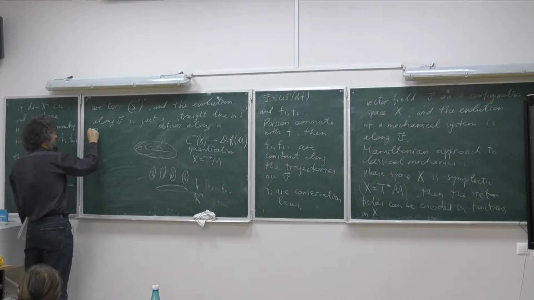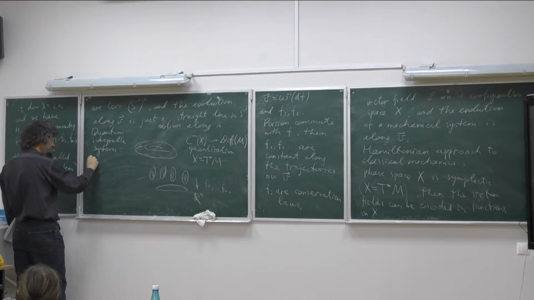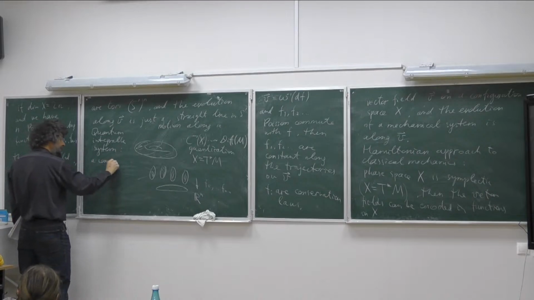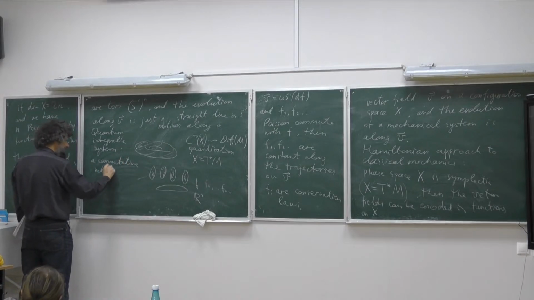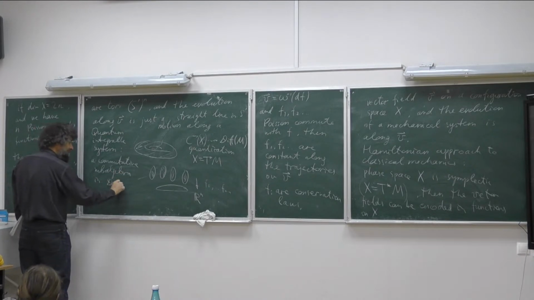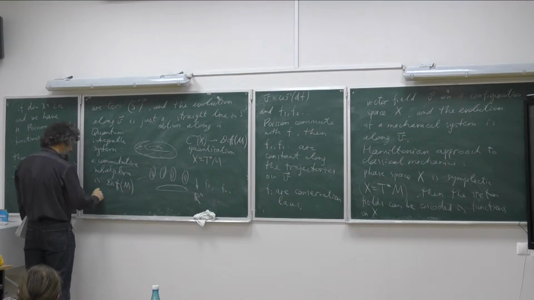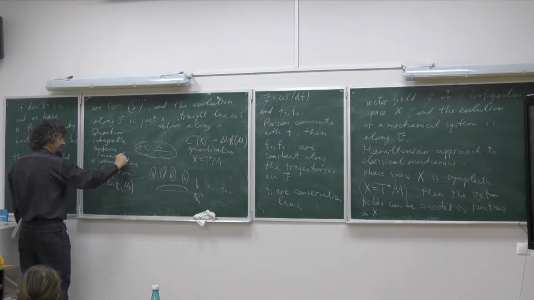So a quantum integrable system is a commutative subalgebra in, say, differential operators on M, but a very big, maximal possible commutative subalgebra.